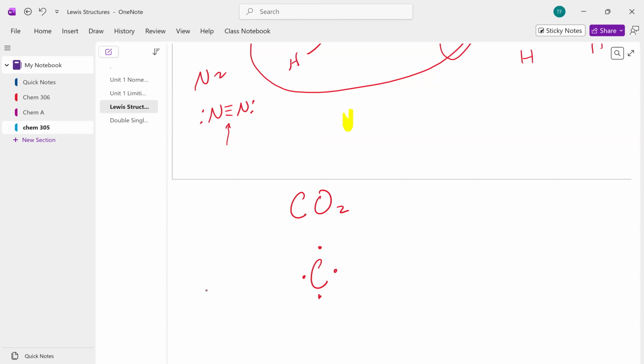Oxygen is going to either be on both left side or both right side or 1 and 1. I'm going to do 1 and 1. Now carbon has got 4 singletons. Oxygen has 2 singles and 2 pairs. So I'm going to put the pairs on the outside and the 2 singletons in the middle, because we're not going to bond to the pairs.